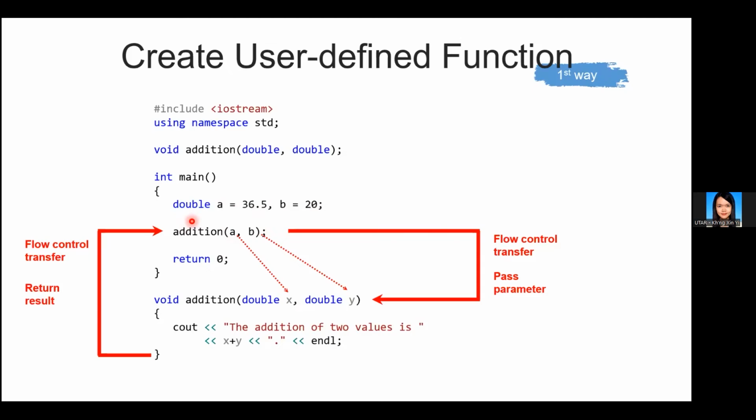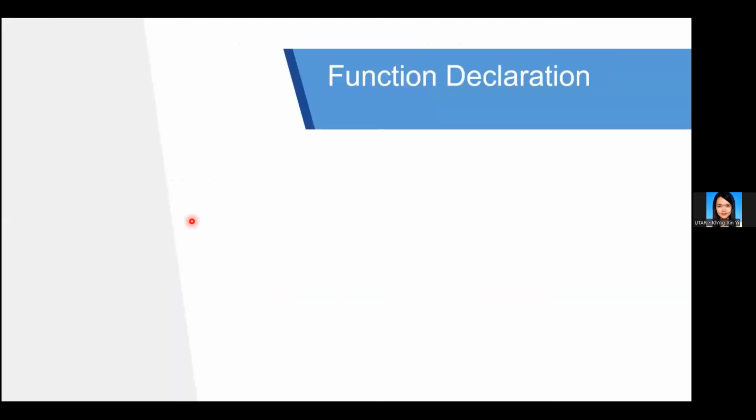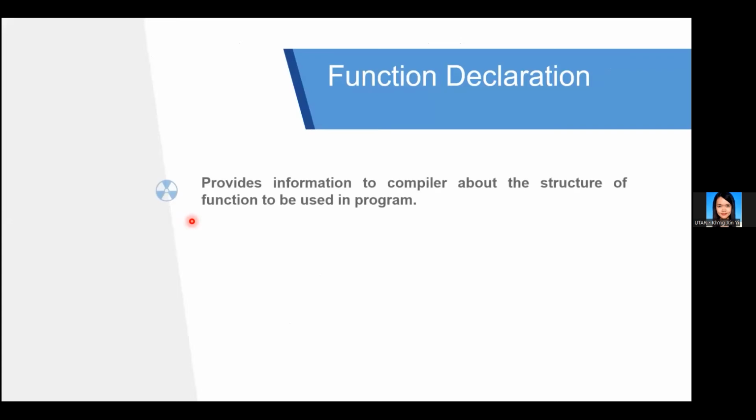So the same thing goes for the function declaration. Why we want to declare the function is just the same as why we want to declare the variables. You just need to tell the compiler about the existence of the function. You want to tell the compiler that, okay, there is a function in this program. And at the same time, you provide information about the structure of the function to be used in this program.